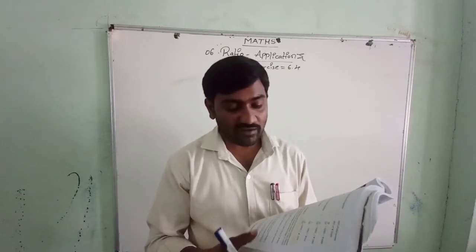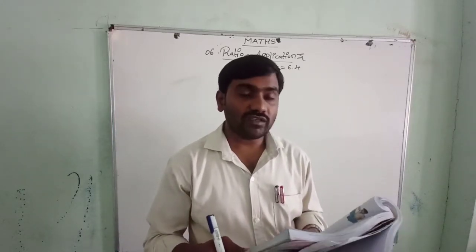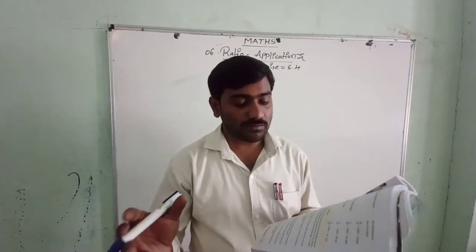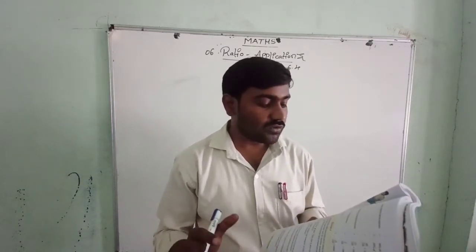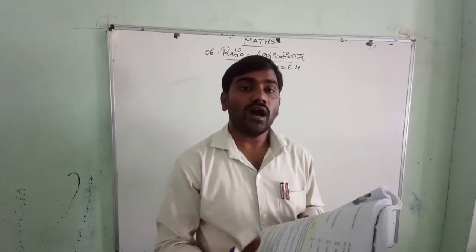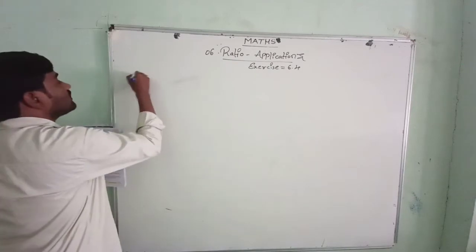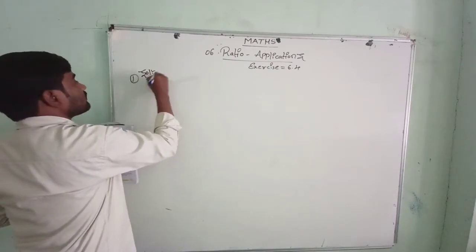The remaining failed. The district educational officer wants to give an award on the basis of pass percentage. To which school will he give the award? So based on the pass percentage, let us find out the solution.